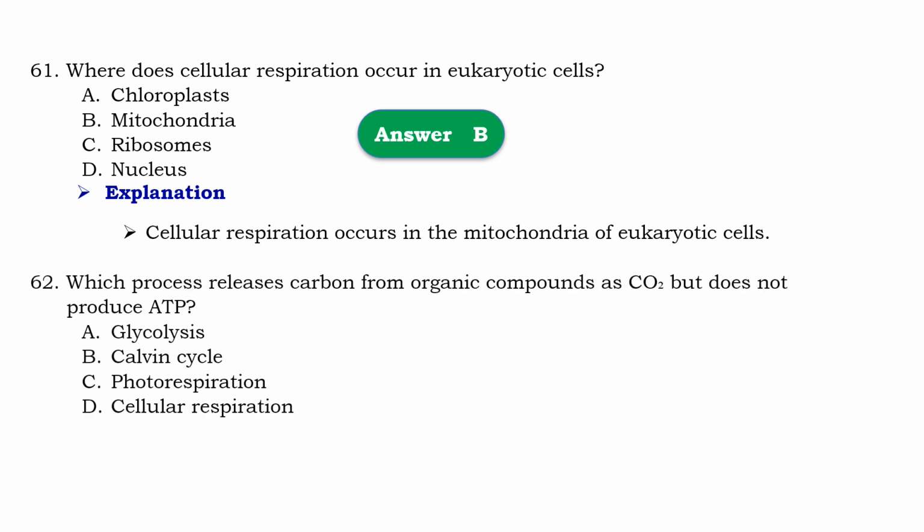Question number 62. Which process releases carbon from organic compound as carbon dioxide but does not produce ATP? So that should be C, photorespiration.